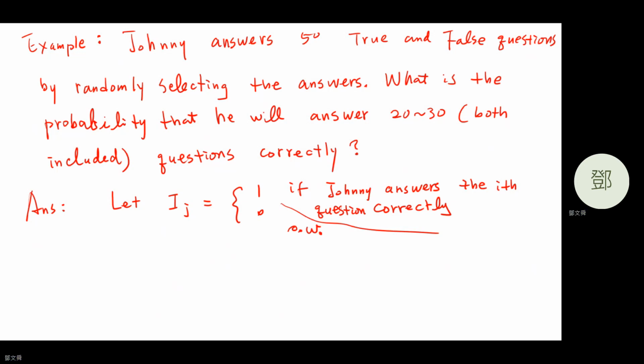Okay. Then, the jth, not I, the jth. Then Ij is distributed as Bernoulli.